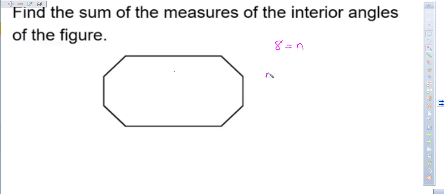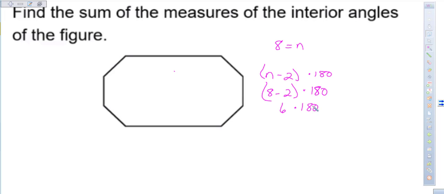So I want n minus 2 times 180. 8 minus 2 times 180. Well, that's going to be 6 times 180.